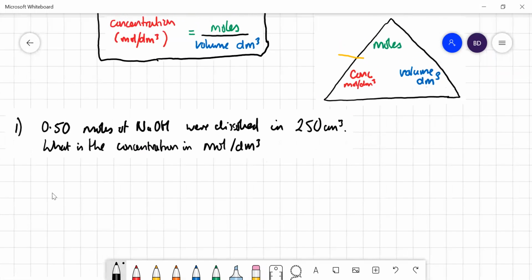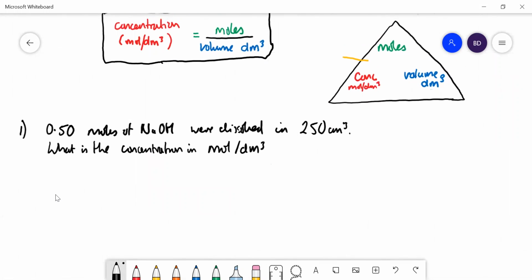0.5 moles of NaOH are dissolved in a volume of 250 centimeters cubed. What's the concentration in moles per decimeter cubed? Well, the first thing we need to do is convert that volume into dm cubed, and that's equal to 0.25 dm cubed.